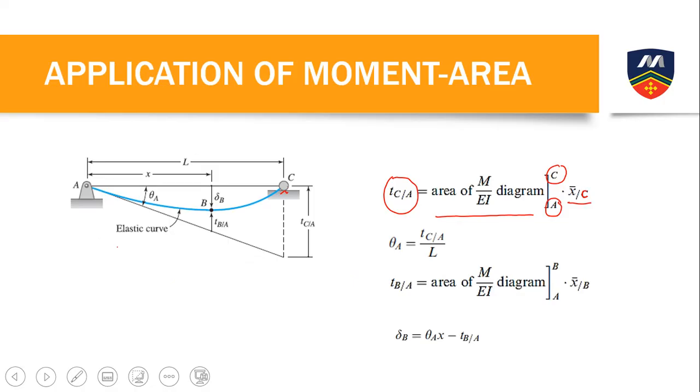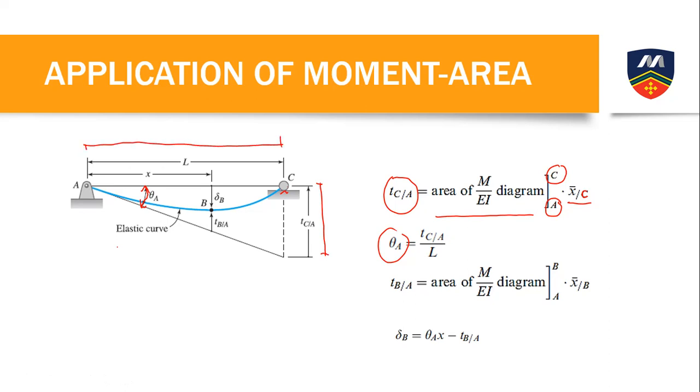Centroid from point C. Now, how about to compute theta A? Theta A is the deviation of C relative to A divided by the length. When the angle is very small, tangent theta is basically equal to theta in radians, because our angle is very small.